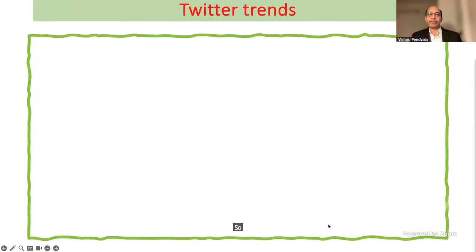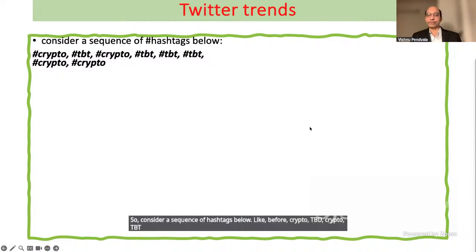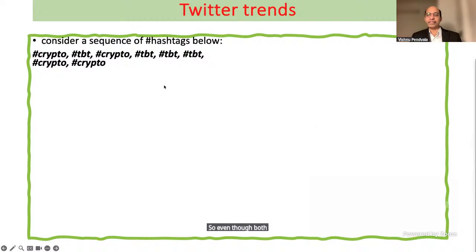So for that, we apply the EDW algorithm. Consider a sequence of hashtags below, like before, crypto, TBT, and so on and so forth. Even though both appear equally often, we will find that one hashtag is more trending because its mentions happen later.